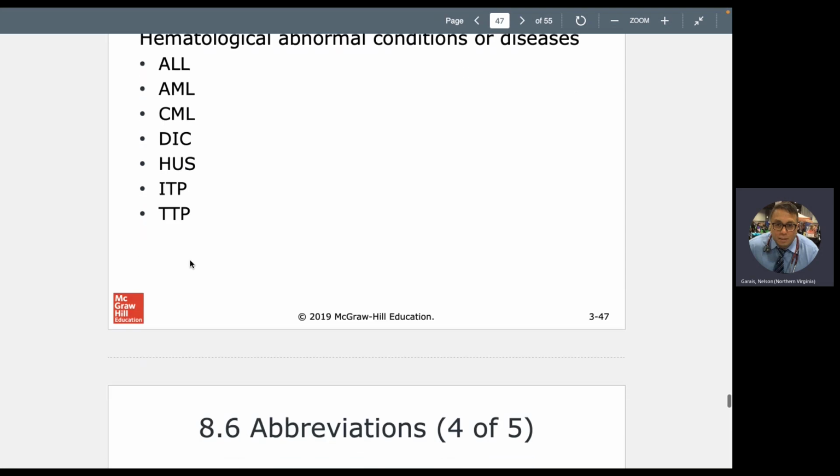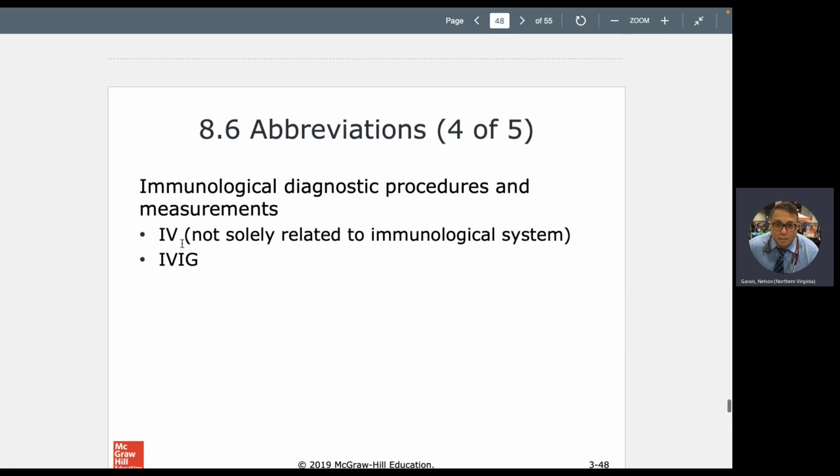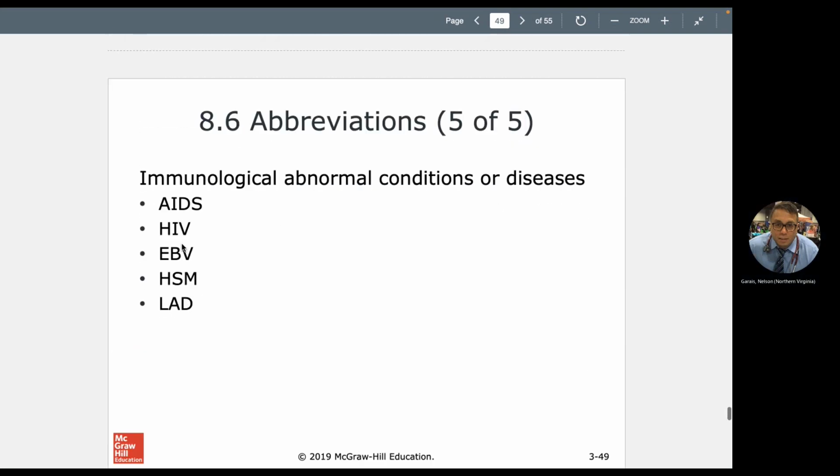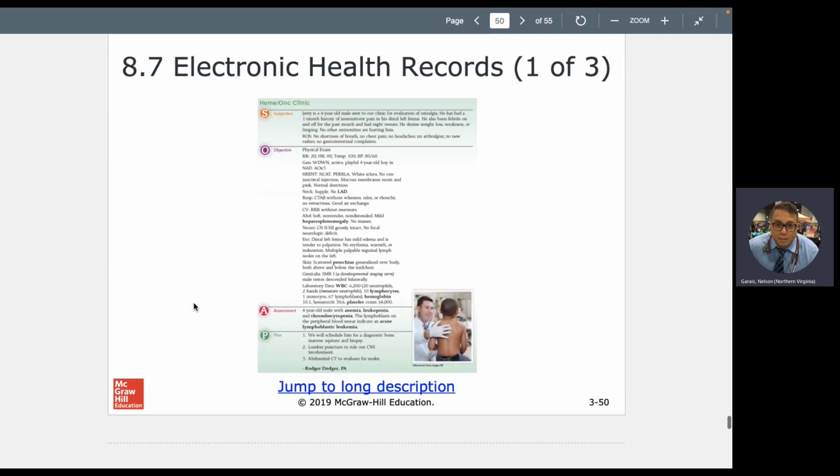HUS, ITP, not familiar with those. IV, very important, intravenous, right? HIV, AIDS, EBV is Epstein-Barr virus. I don't know what HSM is, but LAD to me means left anterior descending artery or coronary artery.